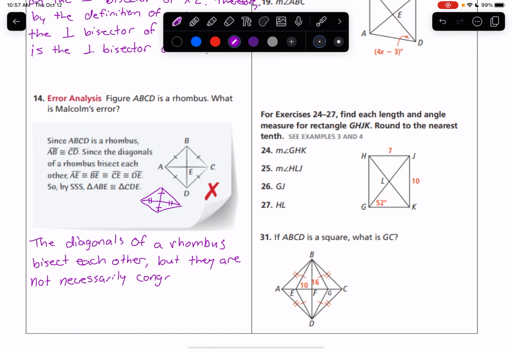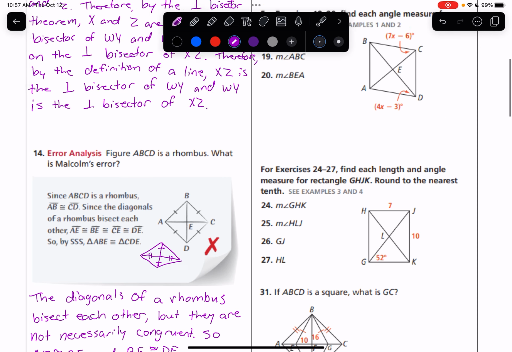So you can say two things. You can say AE is congruent to CE and BE is congruent to DE. They're just not all four necessarily congruent.